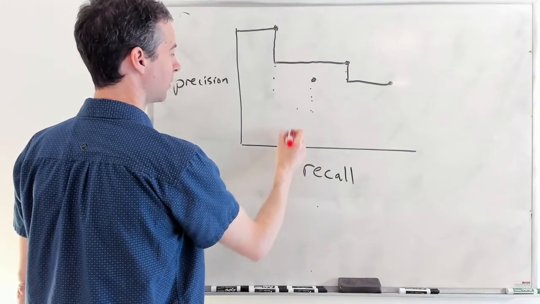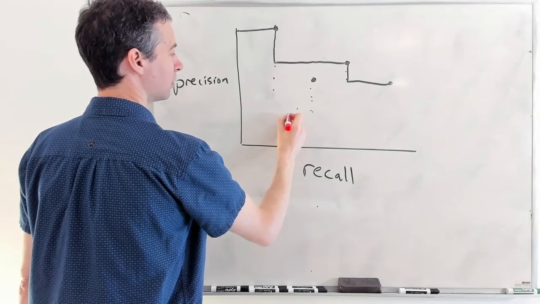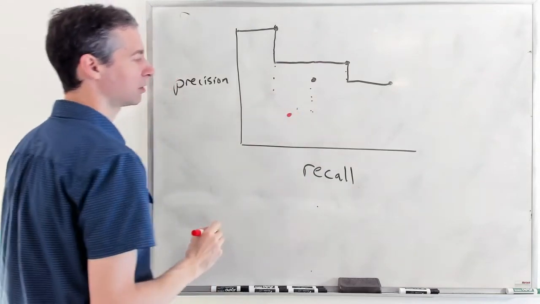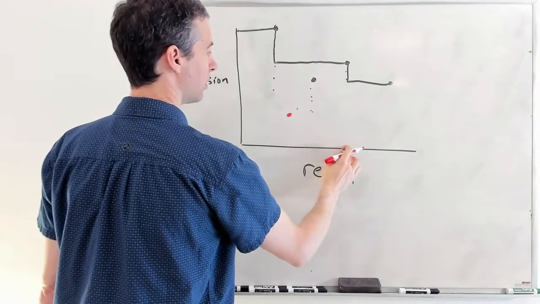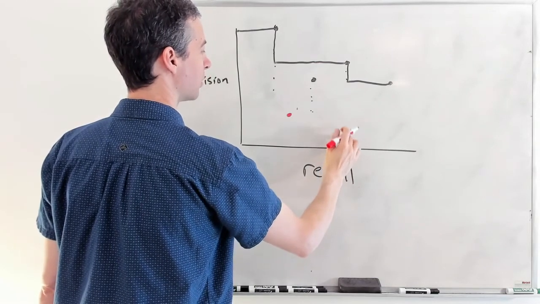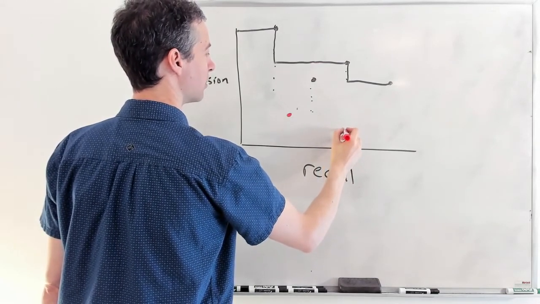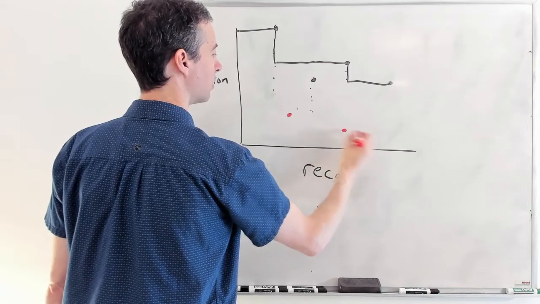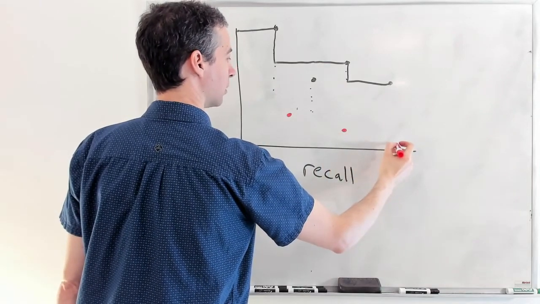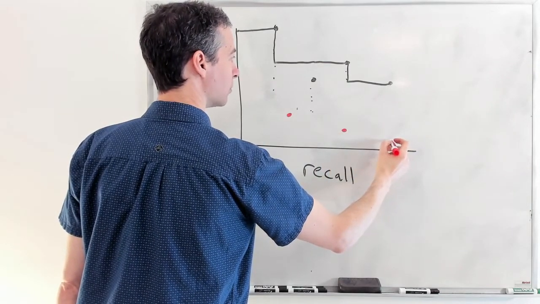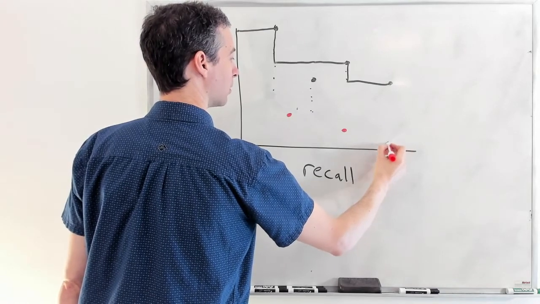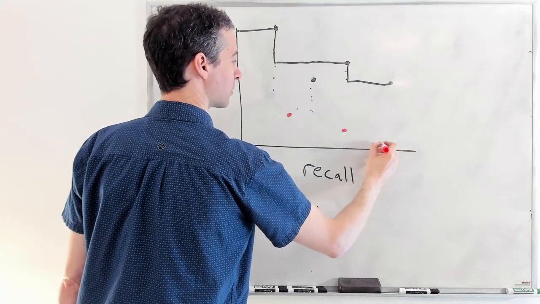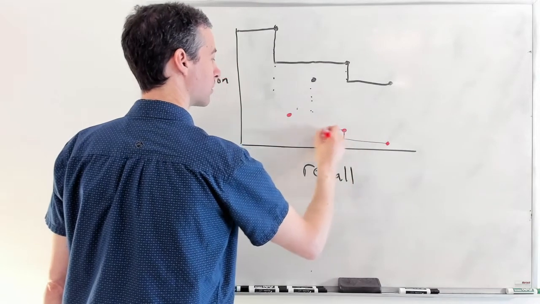When we get the first relevant document, it's only got a precision down here. The next one is found, and the precision is down to here. And the final one, unfortunately, was really hard to find, and it's down here. So this one gets a curve that's like this.